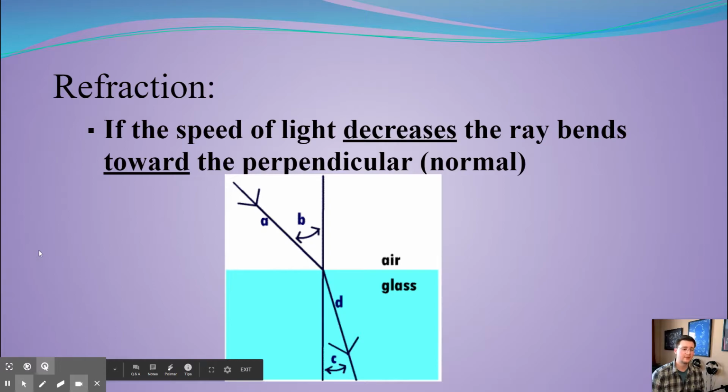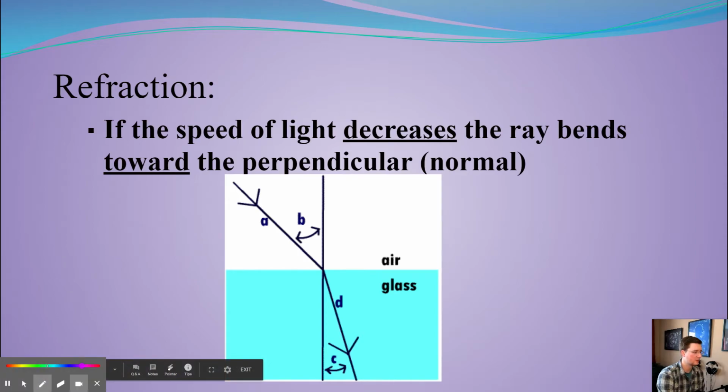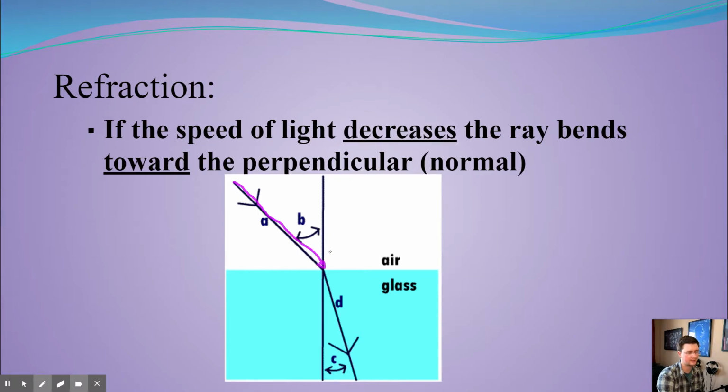So here are a couple of other rules for refraction. If the speed of the light decreases, so we're slowing down, the ray bends toward what we call the perpendicular. That was what that green line was before. We often call that the normal. In this scenario, we have our light coming in this direction and it hits this part, so we're going from air to glass. It's slowing down because glass will slow down that wave.